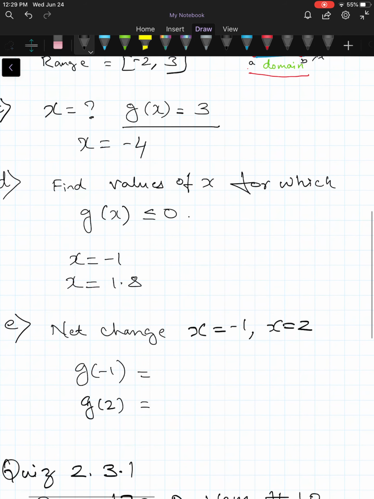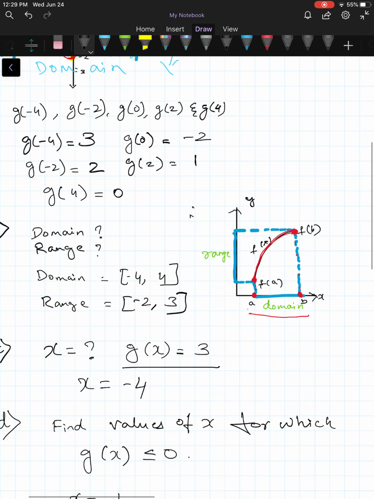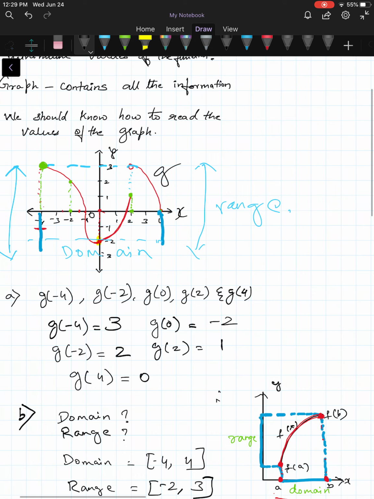So the next question is, find the values of x for which g of x is less than or equal to 0. Which input values give functional values less than or equal to 0? Where is y equal to 0? y is equal to 0 where the function is touching the x-axis.